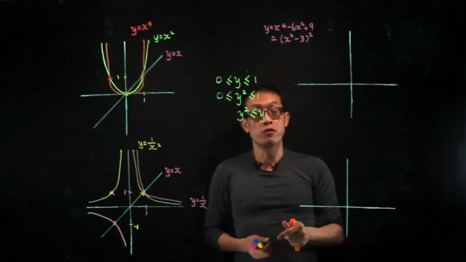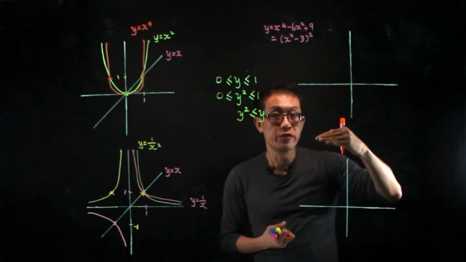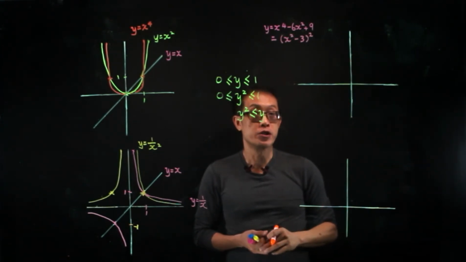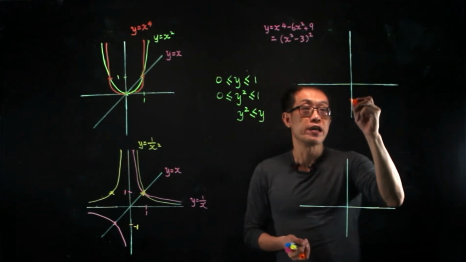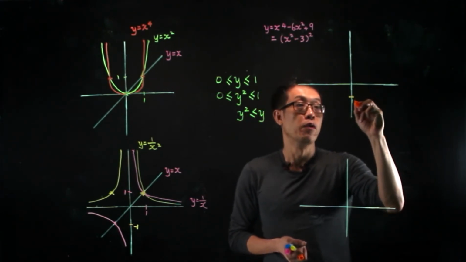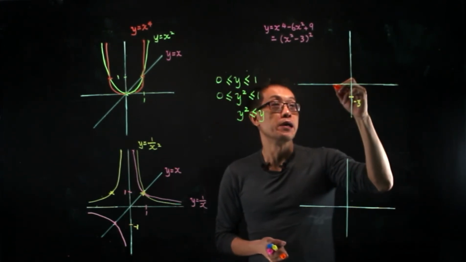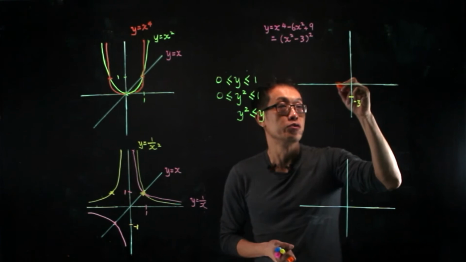Now first we draw the graph y equals to x squared, and then we shift the graph down by 3 units. So you find that the minimum point and the vertex will both be at minus 3. And the roots will be at minus root 3 and root 3.